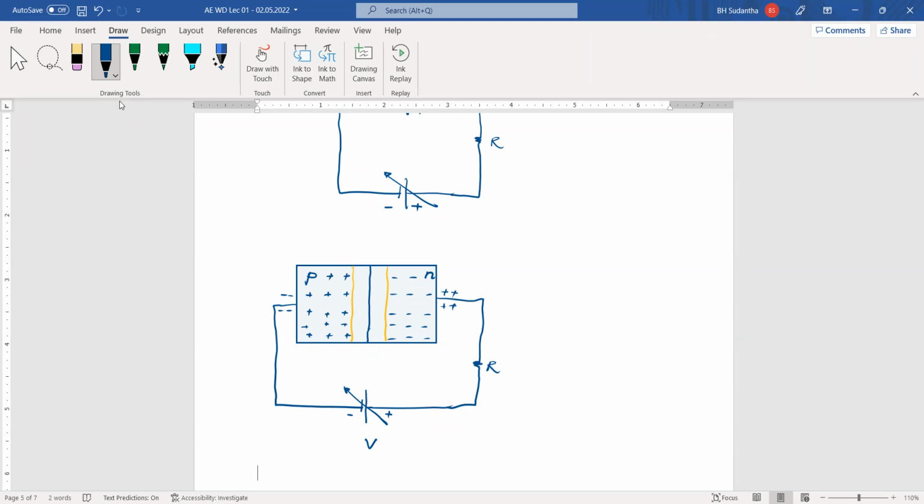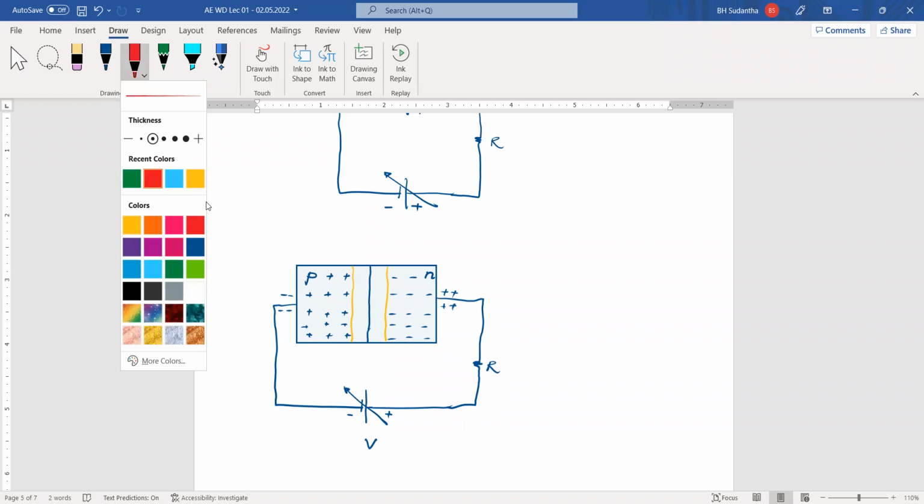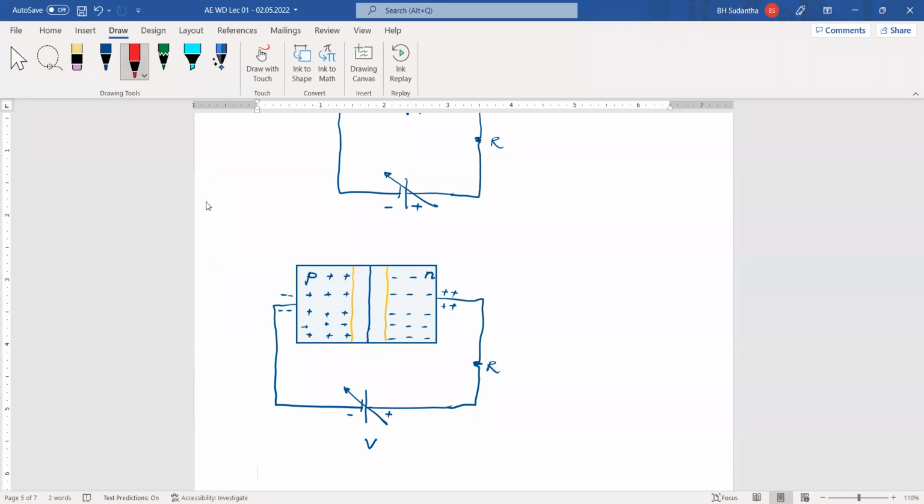Because of that, what will happen to this depletion layer? All these charges, all these majority carriers, will be attracted towards the terminal. All these negative charges, the majority carriers, will be attracted to the terminal side, the positive side.